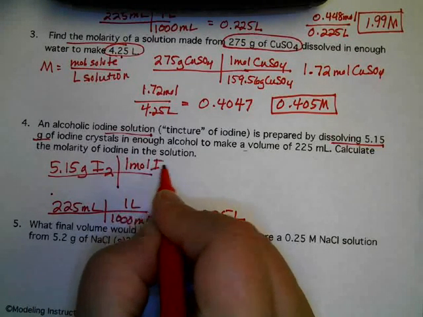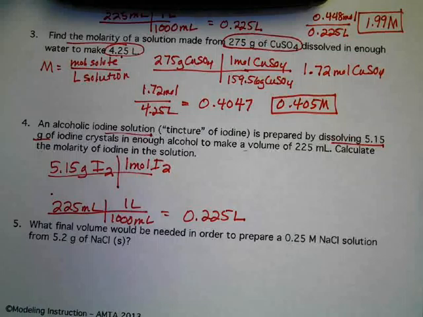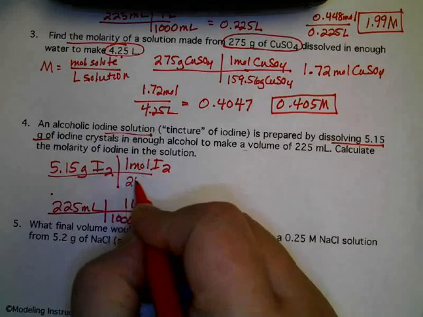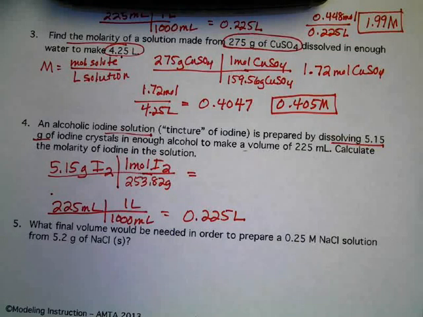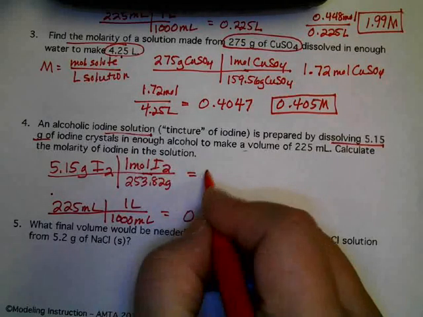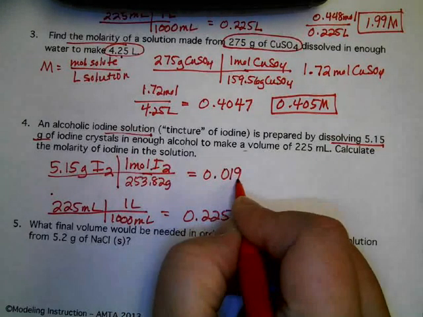So 1 mole of iodine is going to be 126.91 times 2, so that's 253.82 grams. So I take 5.15 divided by 253.82, and that gives me 0.0195 moles of iodine. I'm going to keep 3 sig figs.